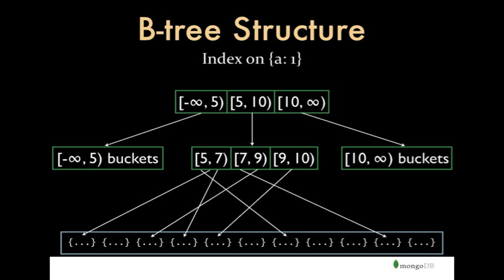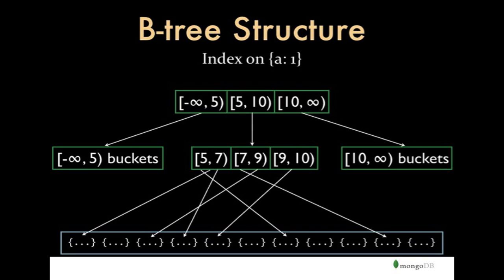So how is this possible? In MongoDB, indexes use a B-tree structure. Suppose I create an index on a field A in ascending order. MongoDB creates buckets, and in each bucket, if you will, there's a key node and there's key data. The key nodes fill from left to right, and the key data fills from right to left.